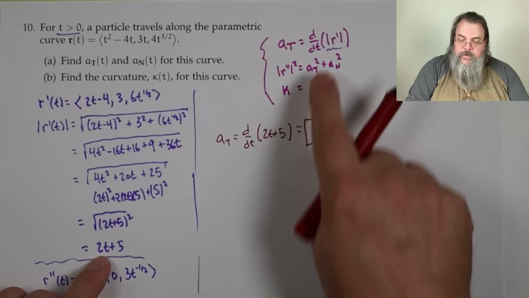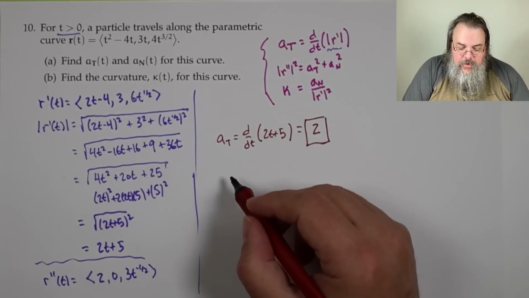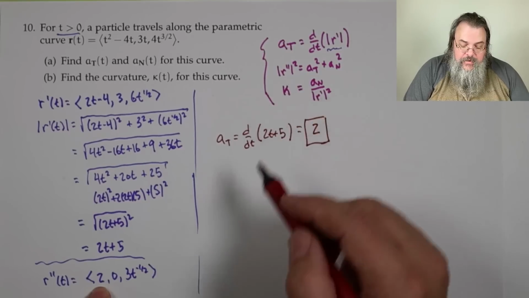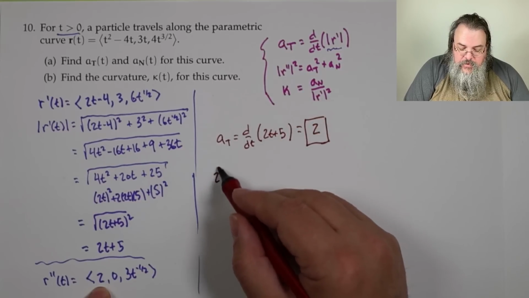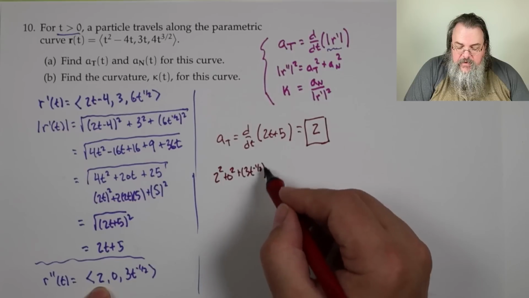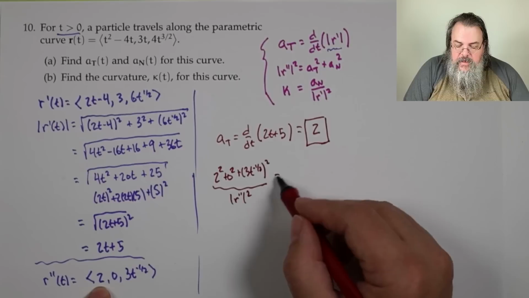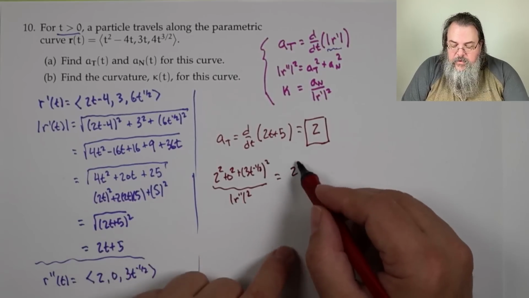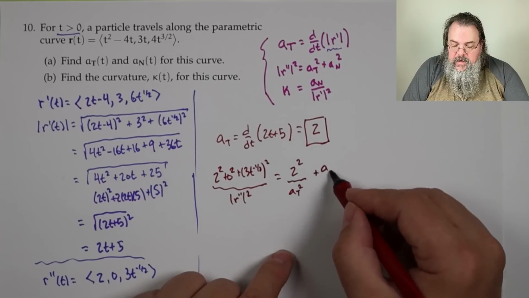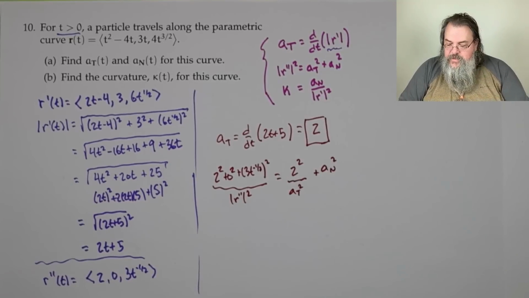Once we found the magnitude of r prime, we take the derivative. Now we take the magnitude squared of r double prime. So we're going to do 2 squared plus 0 squared plus (3t to the minus 1/2) squared. This is our magnitude of r double prime squared, which equals a sub t squared plus a sub n squared.